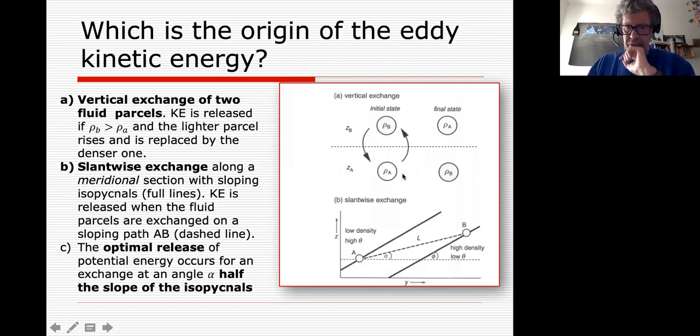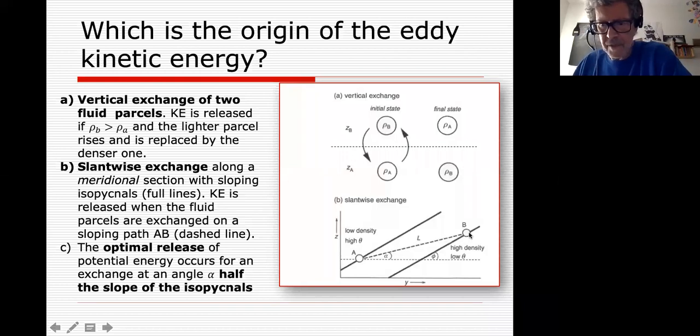Imagine you have again our water parcel A belonging to the low density, high potential temperature here, and we have a high density, low potential temperature parcel B here at this isopycnal. These are denser than that one, obviously. And the move of A to B is along the path identified by L. This path is not horizontal, it has a certain angle.